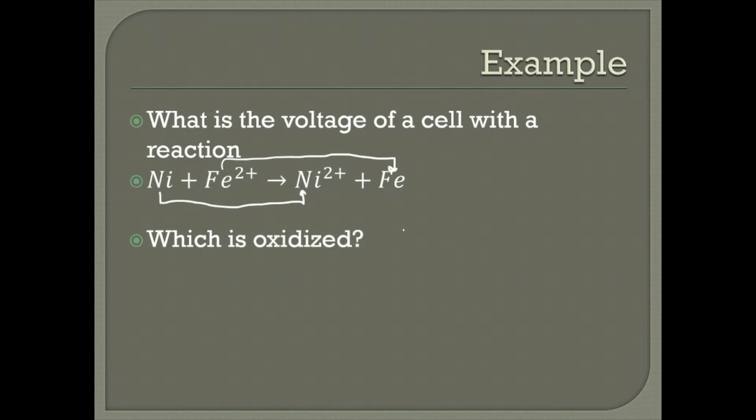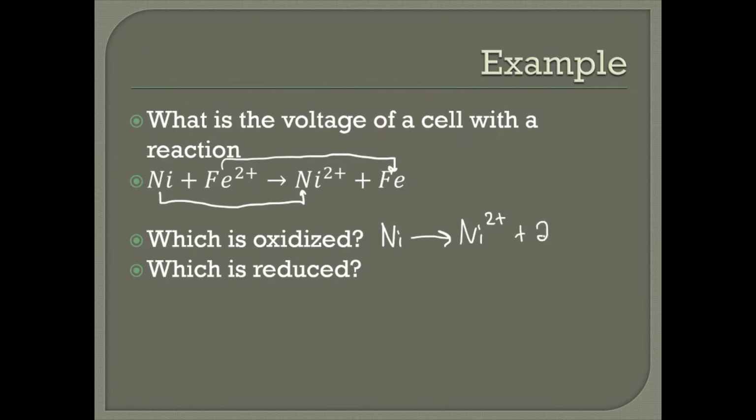So the thing being oxidized is the nickel. So the nickel is going to lose electrons to become nickel 2 plus. Iron is going to gain electrons to become solid iron. Now we do the same thing.